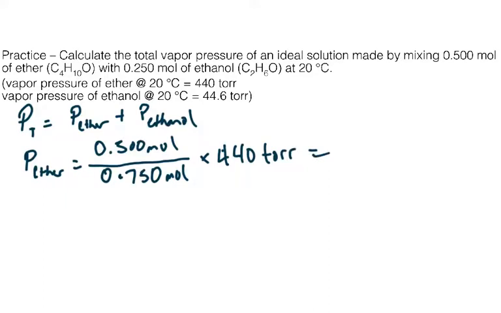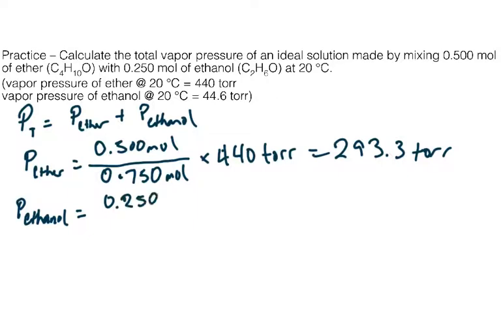So we can find our vapor pressure of our ether is 293.3 torr. Our vapor pressure of our ethanol is going to be 0.250, the moles of ethanol, divided by our total moles, times our normal vapor pressure of ethanol, 44.6 torr.